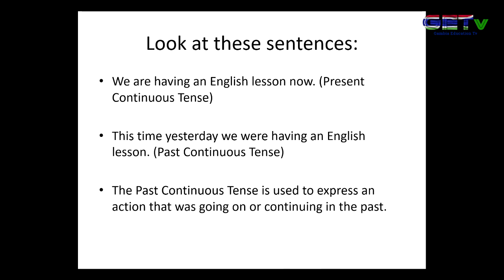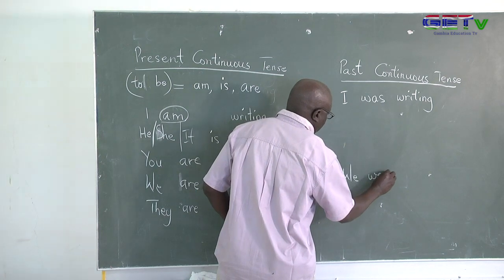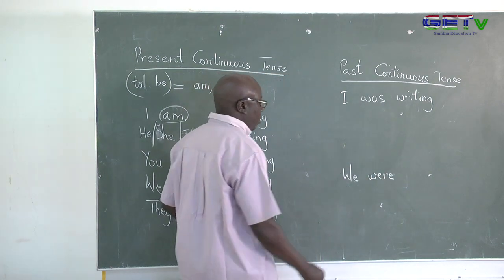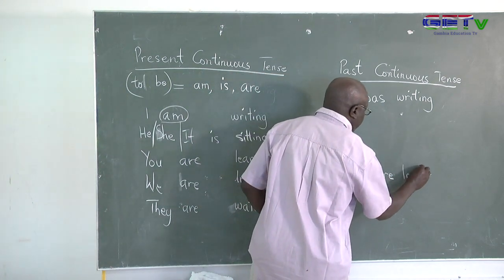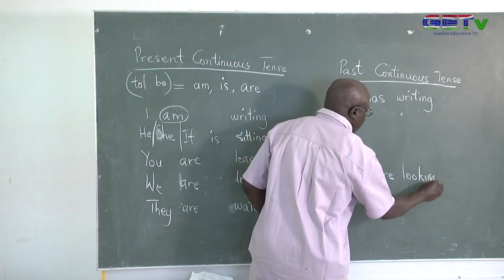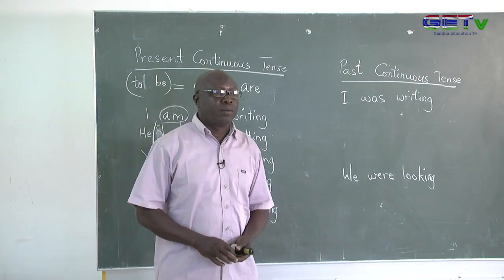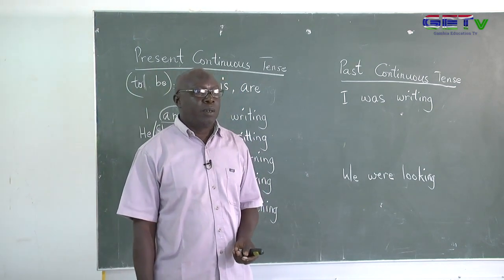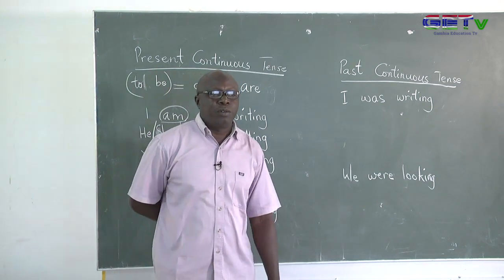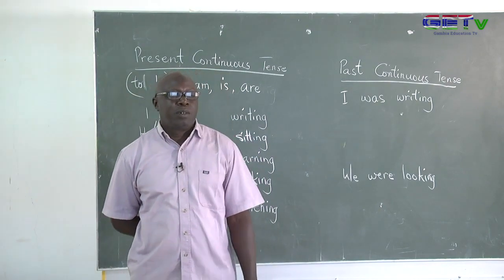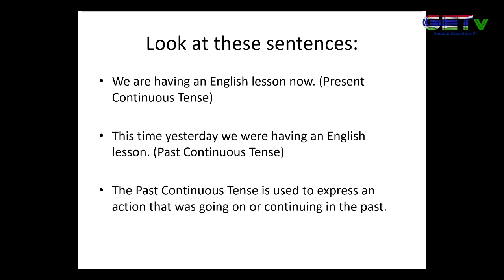So, we are looking becomes, for example, we were looking. The past continuous tense is used to express an action that was going on or continuing in the past.